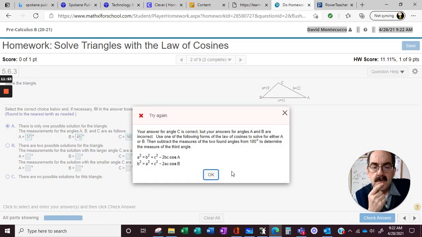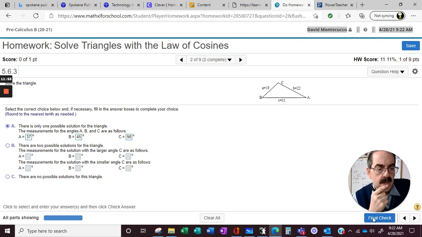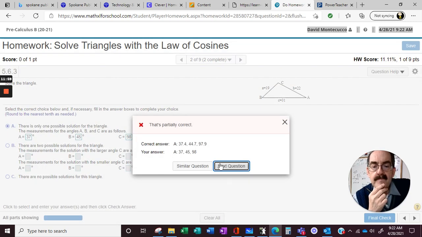Let's see how close I was. Round to the nearest tenth. 37, 45, 98. So we got all the numbers right, but I did not read the directions properly. Round to the nearest tenth, not the nearest whole degree.